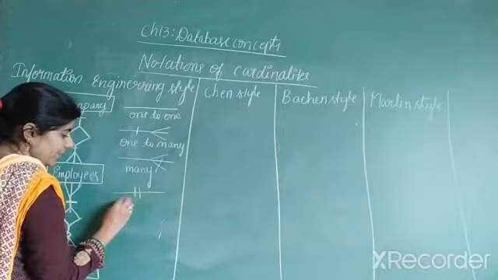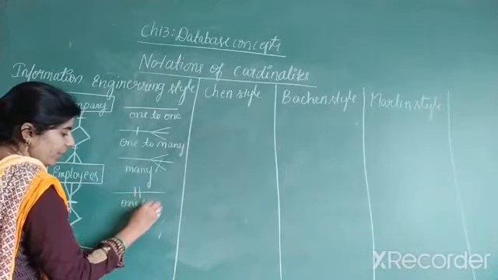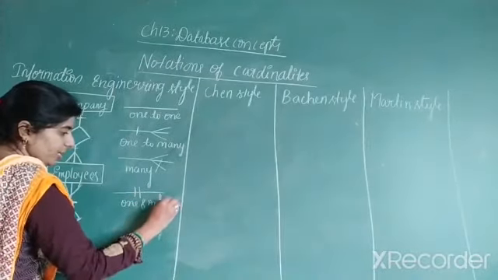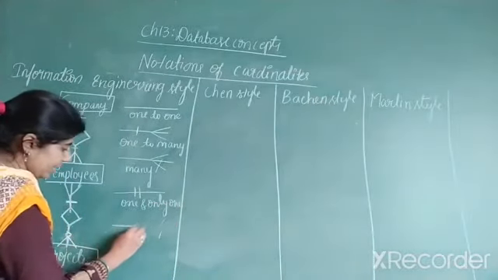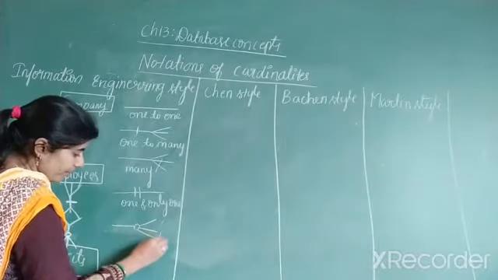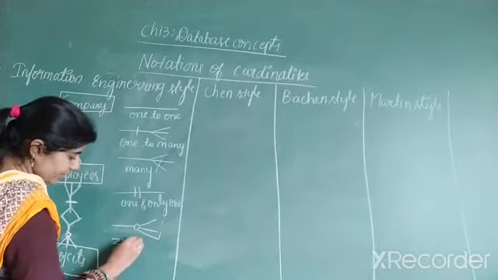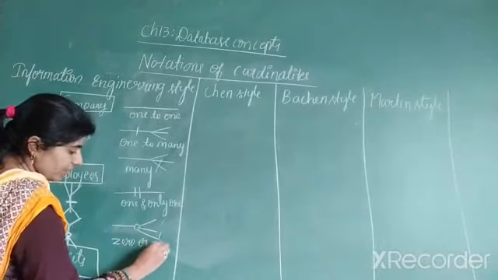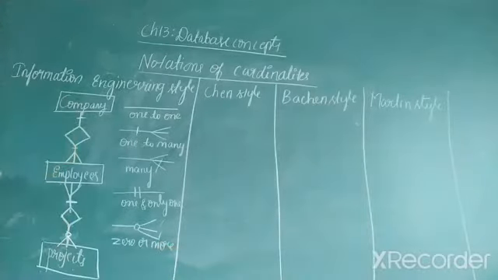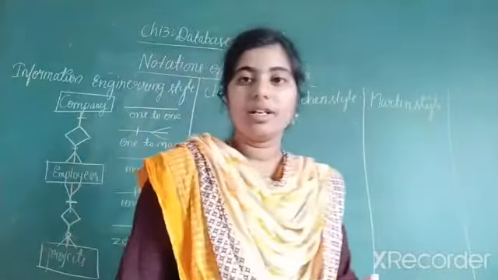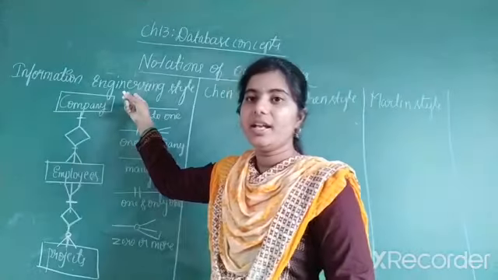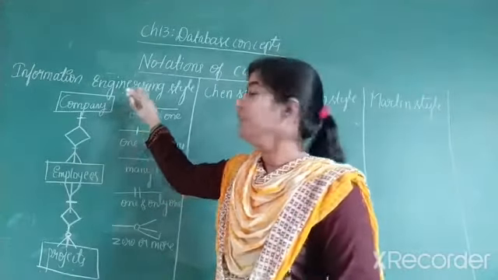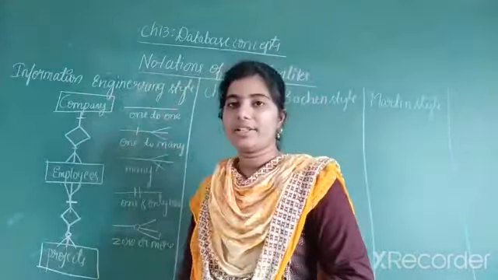And if you are writing like this, one and only one relationship. And if you are writing like this, zero or many relationship. So clear? This is a kind of representing the relationship between the entities by using information engineering style. It is a notation of cardinalities.